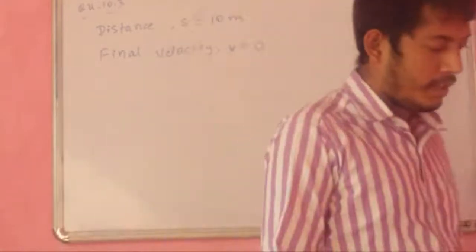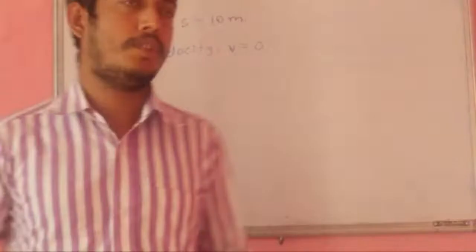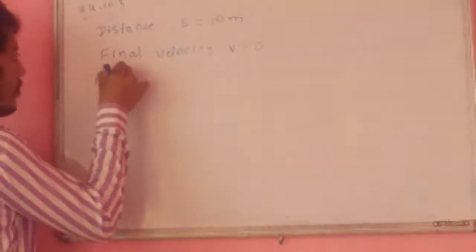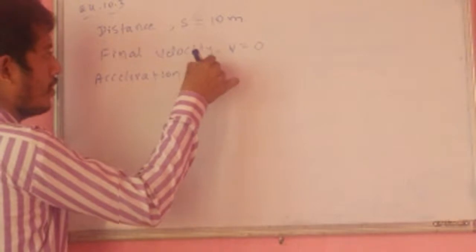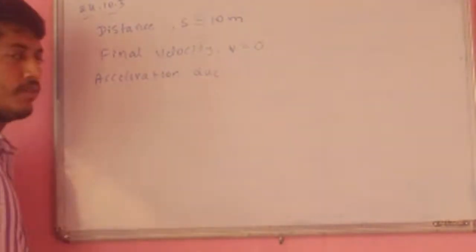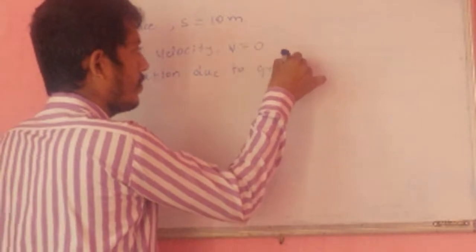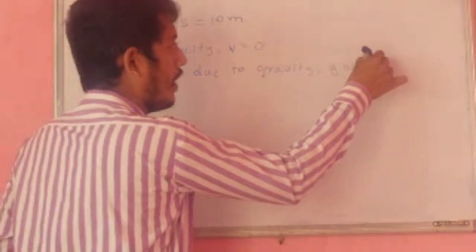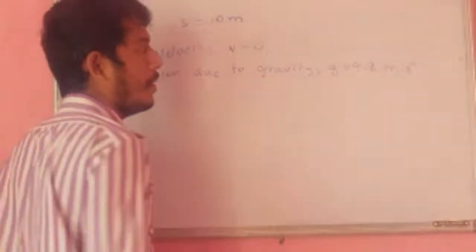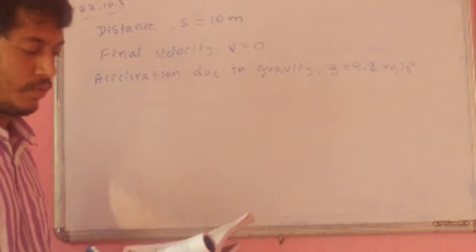The next point is we have to consider the acceleration due to gravity. That is g equals 9.8 meter per second square. G value is 9.8 meter per second square.